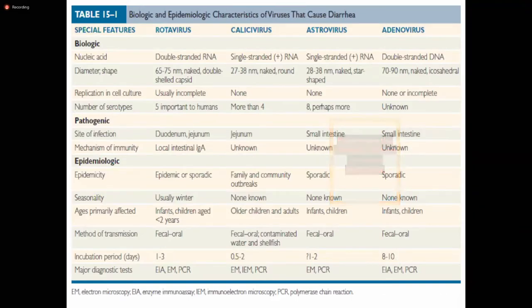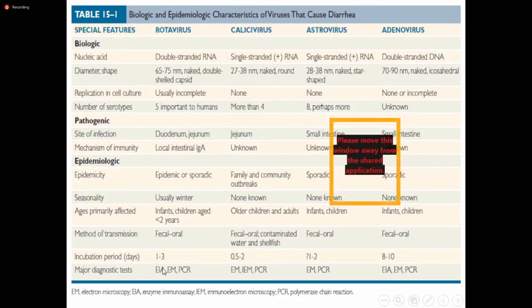So if you see 7 or 8 days duration, 9-day duration, what do you say to me? Adenovirus. As I said, these are the major diagnostic ways that I have mentioned: electron microscope, PCR, enzyme immunoassay, and so forth. So this table, please pay attention to it. And we are going to go through it during our discussion also.